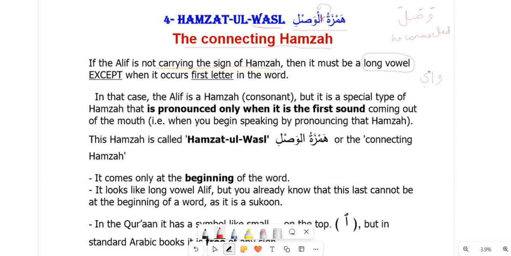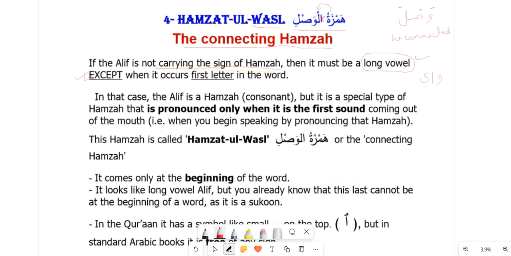Why I'm stressing on this point will come afterwards. In that case, if alif is not a hamza consonant, then it must be a long vowel, okay? Except, there is a big exception here, when it occurs as the first letter in the word.